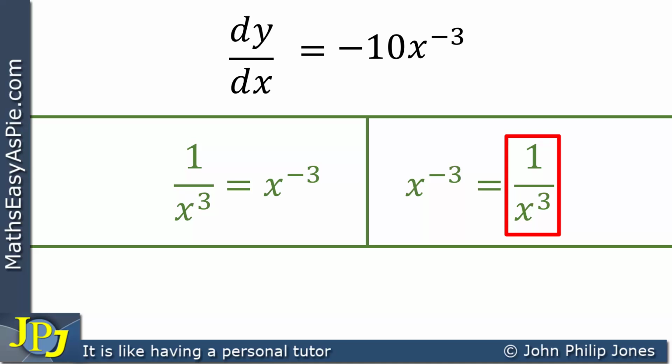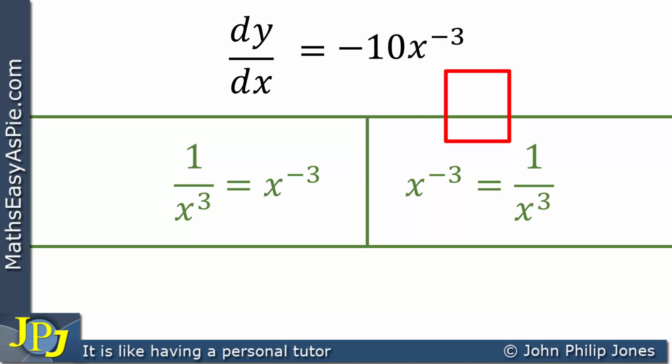And again, it's implied there's a positive here. So it's as if you've taken this below the 1 and changed the sign. If you look here, you can see this is x to the minus 3. And here we've got x to the minus 3 equaling 1 over x to the 3. Consequently, I can replace this with this here.